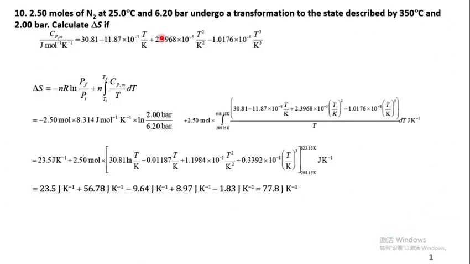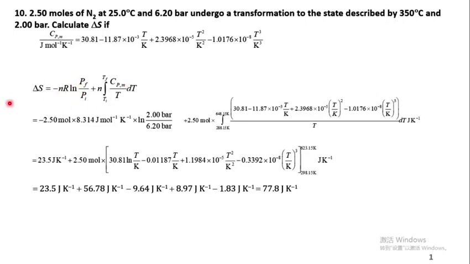And then for the 10th small question, this question also is a simple calculation question. This question gives us a situation in which Cp is not independent of the temperature. It means Cp will change as the temperature changes. So first we have delta S equals this.